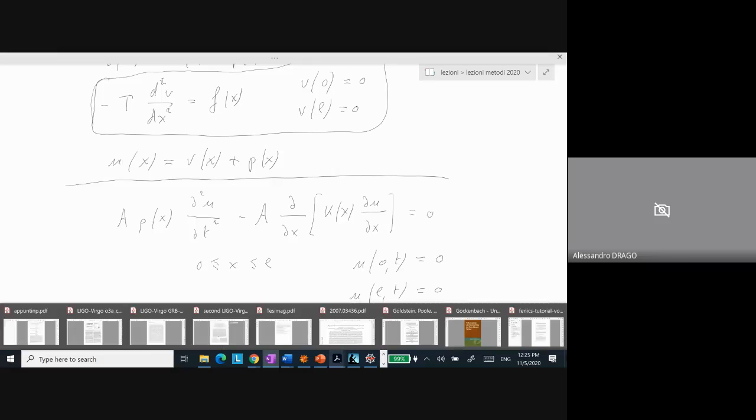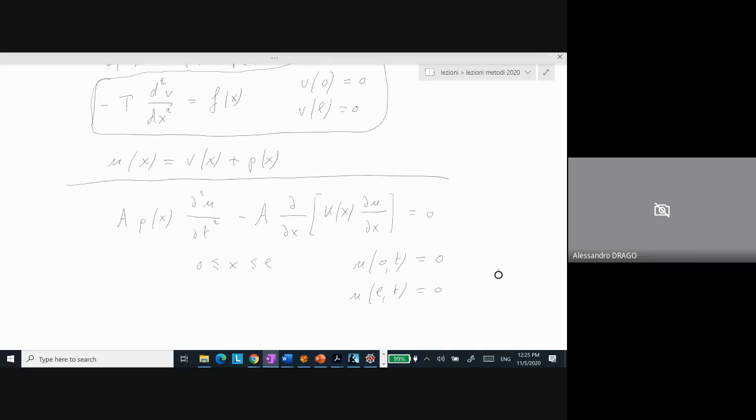So what I have done is essentially just to consider the more general form of the equation that we discussed before, including the time dependence, and also considering the possibility that this k of x depends on x. So this is what we were obtaining when discussing the equation of waves.